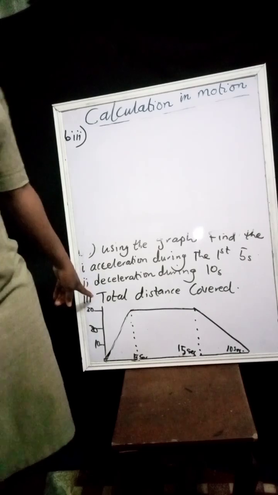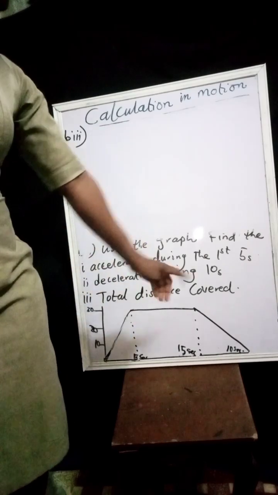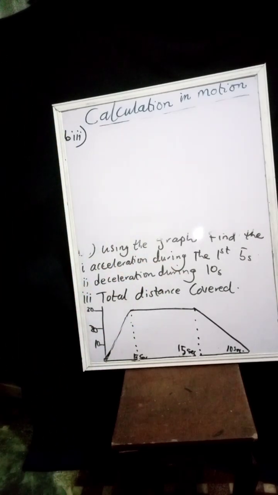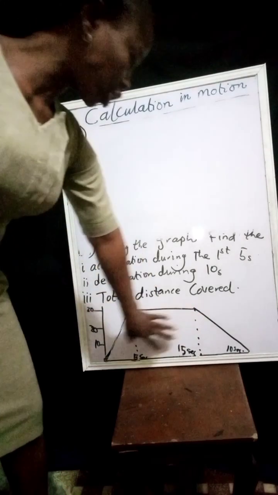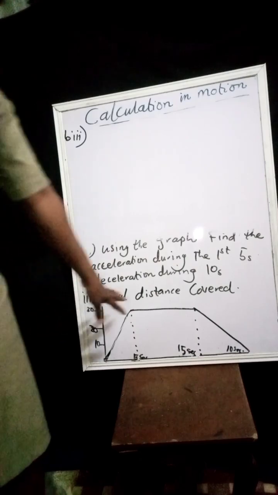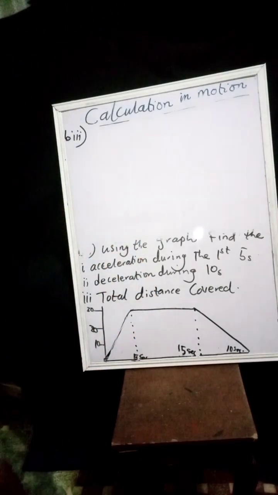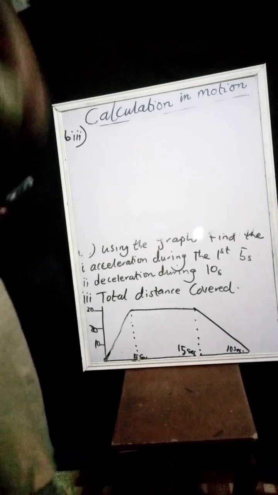The next question says the total distance covered. In this form, finding the total distance covered simply means finding the area of the shape. Remember that this is a trapezium, isn't it? Let's use the formula for the area of a trapezium.